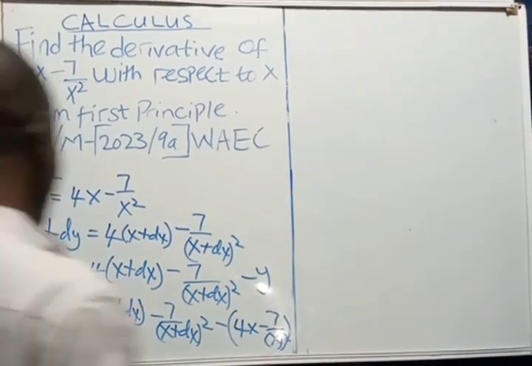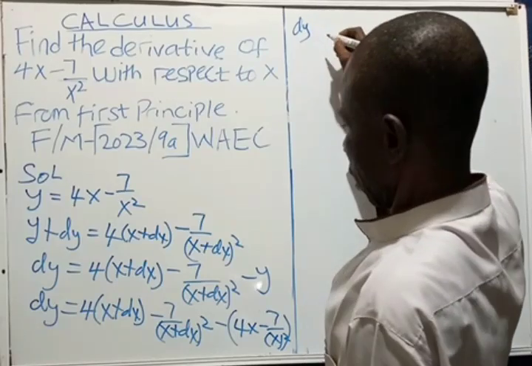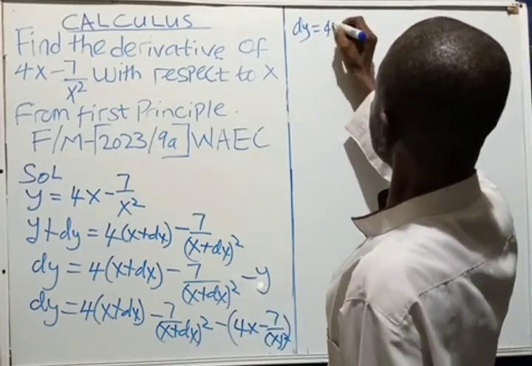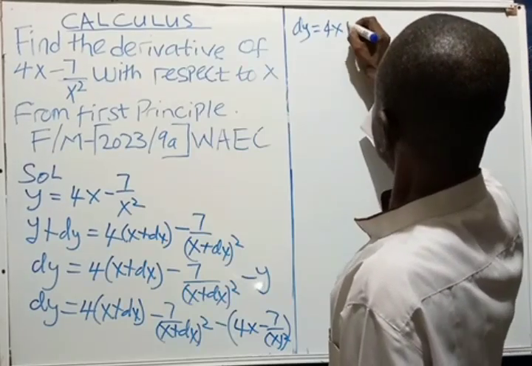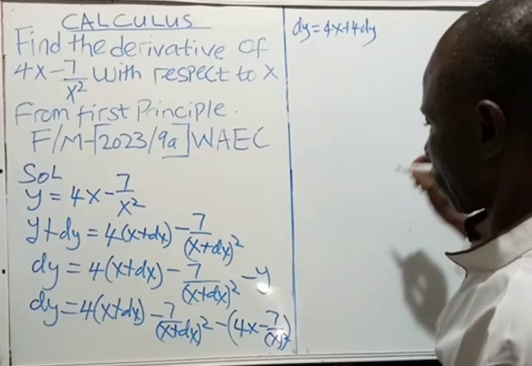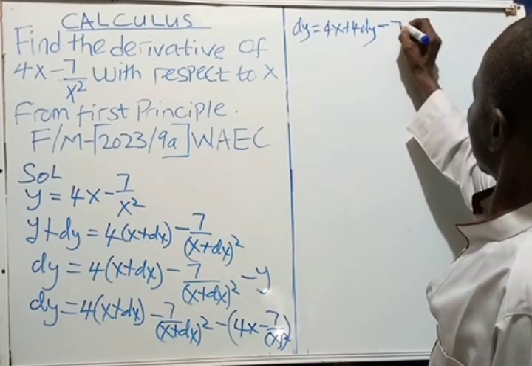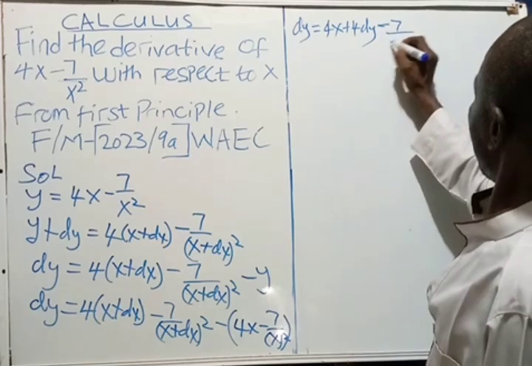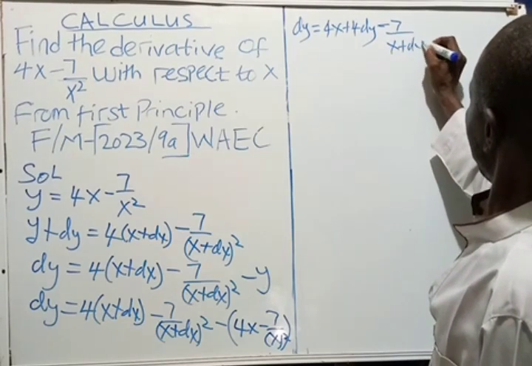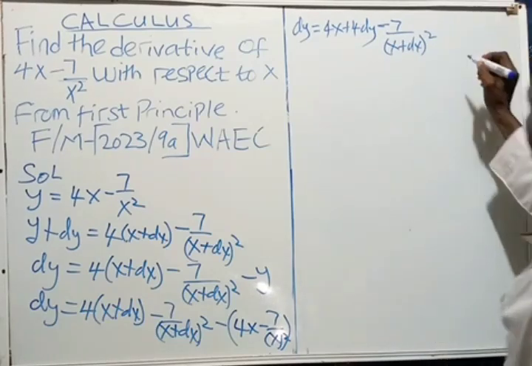Now, from here, I have dy equals, I expand, 4x plus 4 dx minus 7 over x plus dx raised to power 2.